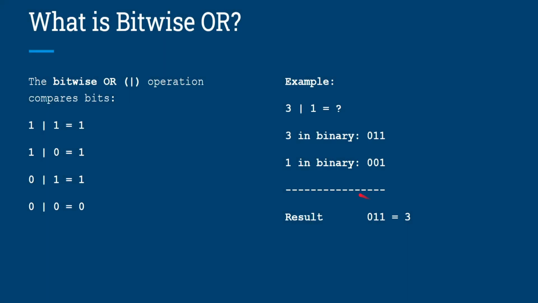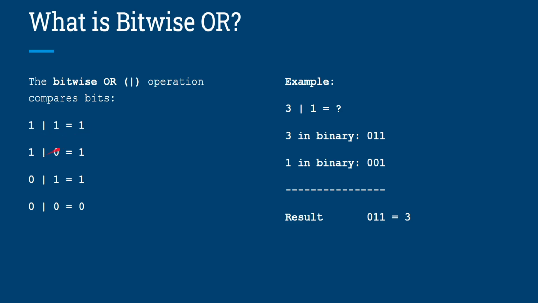Let's continue. Very first, what we should understand is what bitwise OR is, right? I hope you have gone through this operator. In bitwise OR, you compare the bits: if you compare 1 and 1, you will get 1.